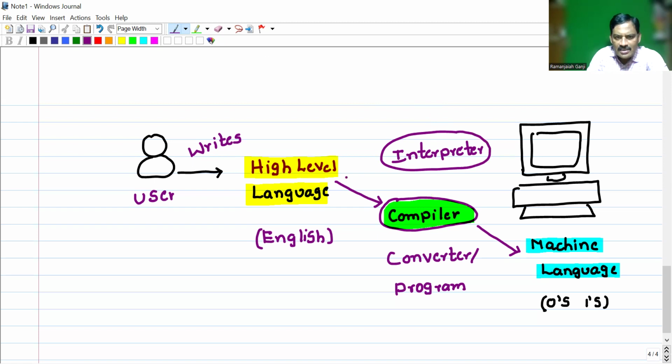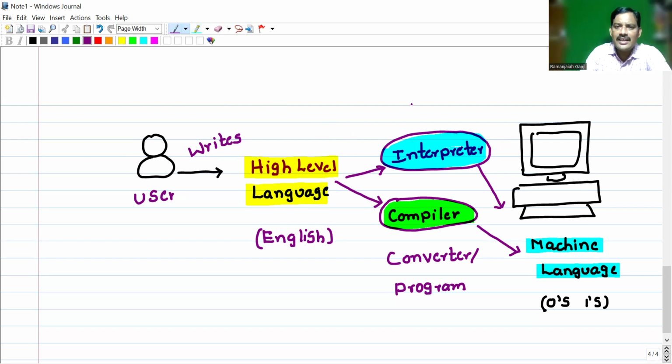An interpreter is also a translator which performs the same function, converting high-level language into machine language. Compiler and interpreter, both of these converters do the same thing.